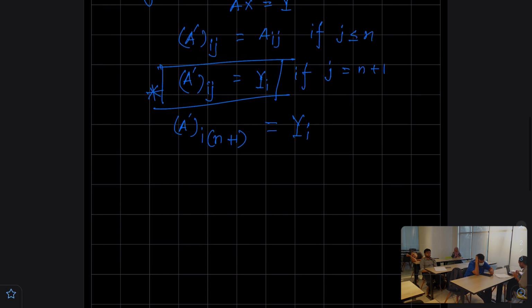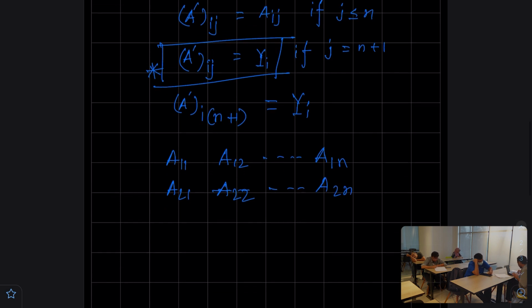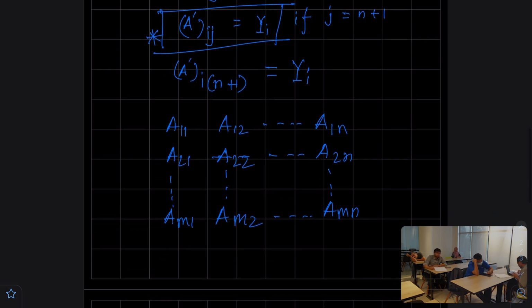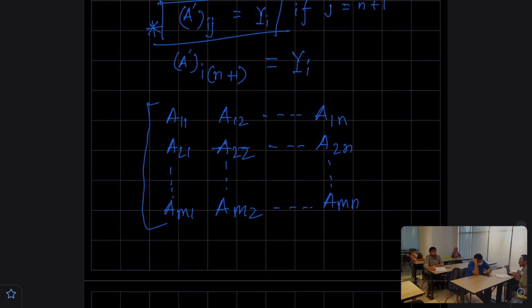So this is something like A11, A12, up to A1n, A21, A22, up to A2n, and Am1, Am2, up to Amn. This is the matrix A, right?